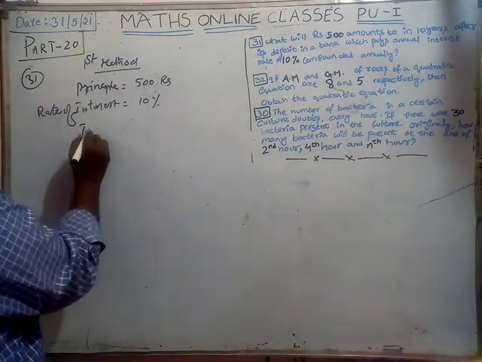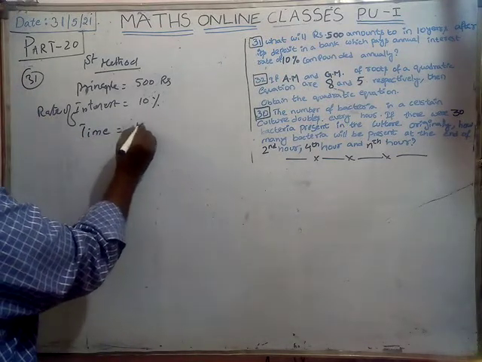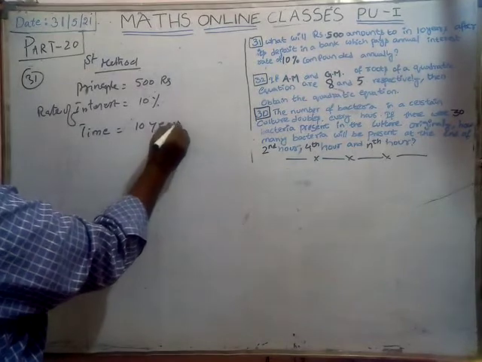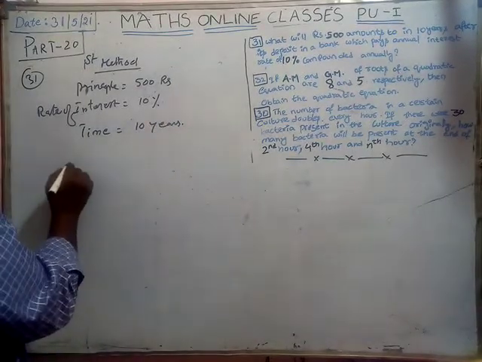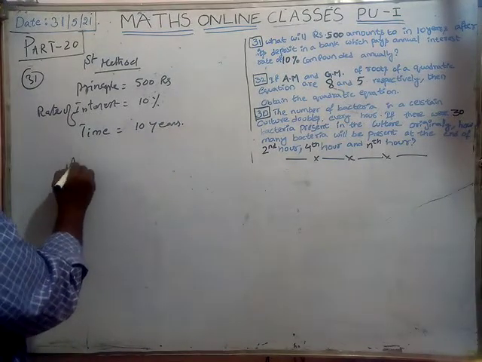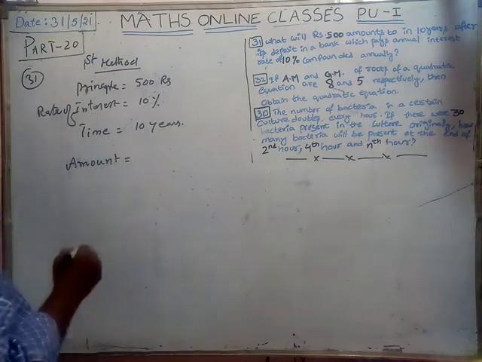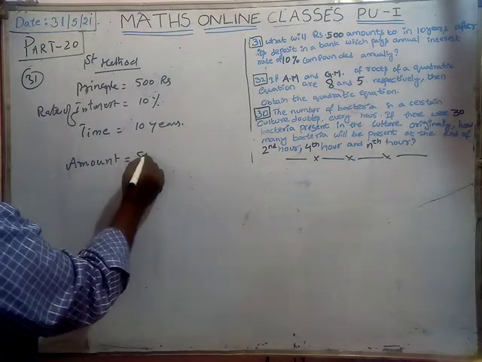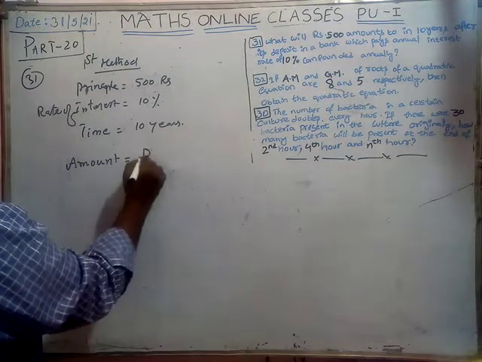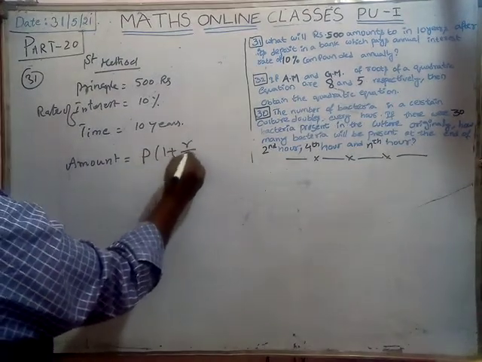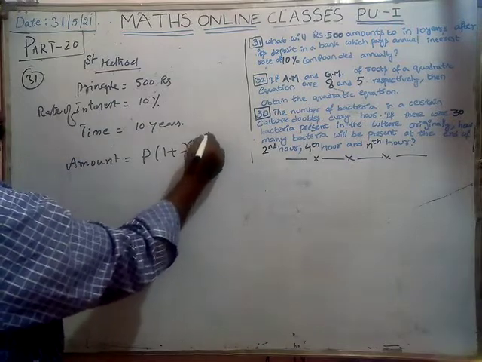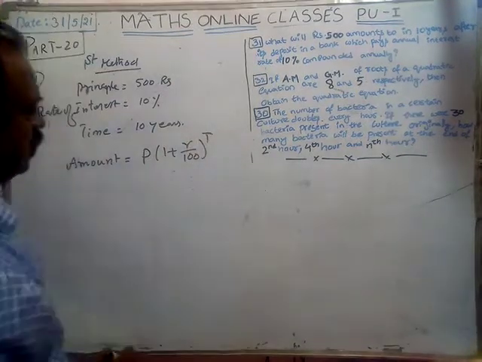And time is 10 years. Actually, the total amount, that means principal amount P of 1 plus R by 100 power T, is the formula.